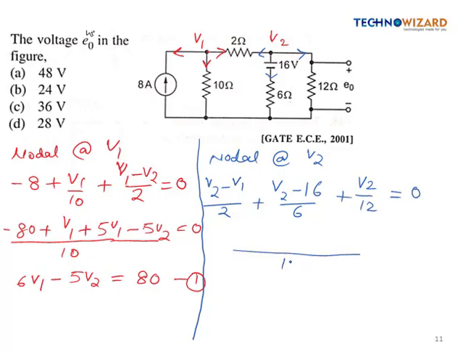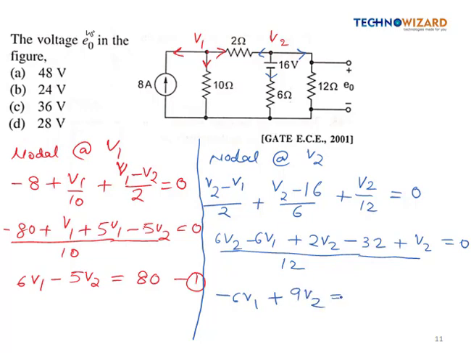After taking the LCM 12, it will be 6V2 minus 6V1 plus 2V2 minus 32 plus V2 is equal to 0. So this will be minus 6V1 plus 9V2 is equal to 32. So this is equation 2.